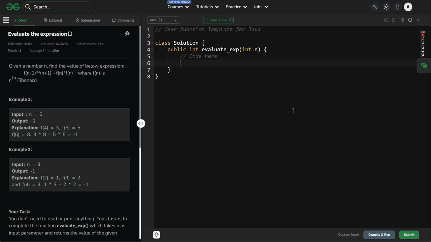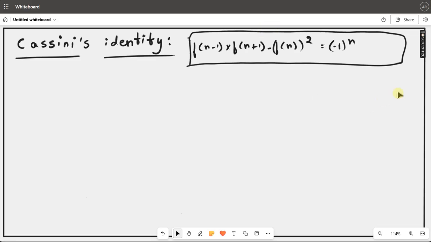So we will write the same thing first: f of n minus 1 into f of n plus 1 minus f of n whole square. This is equal to minus 1 whole to the power of n, where f of n is the nth Fibonacci number.